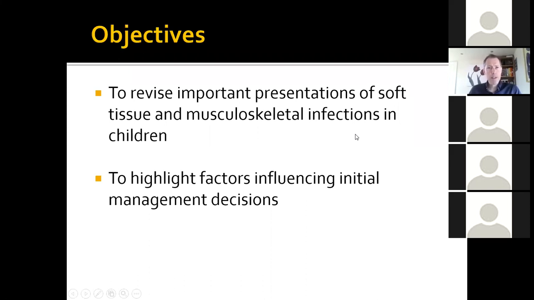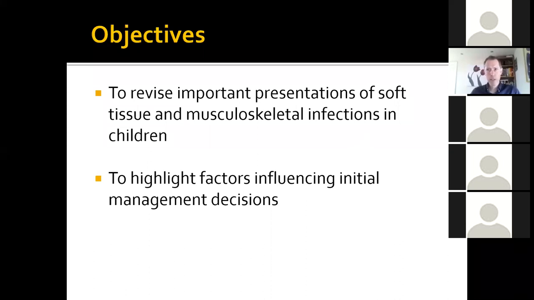Okay, so the objectives for today's session are fairly simple. I'm going to cover some important presentations of soft tissue and musculoskeletal infections in children, and highlight some factors which influence initial management decisions. I'll do this through real clinical cases so that you have the scenarios and get you to think about these.